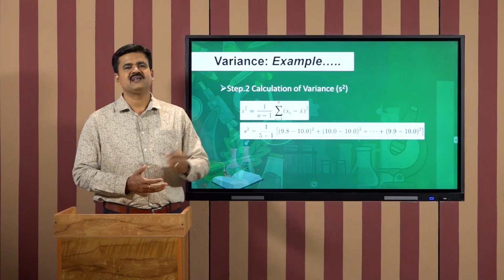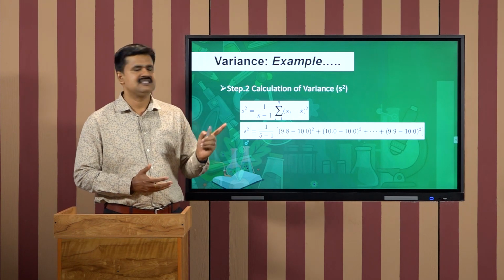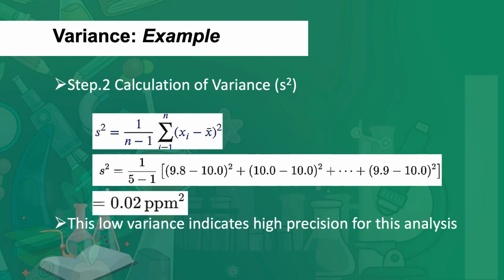So, by putting these values of the data x bar and xi, that is individual measurements, and n minus 1, that is the total number of measurements minus 1, you can calculate the value of variance as 0.02 parts per million square. So, the sample variance in the present problem is equal to 0.02 parts per million square.